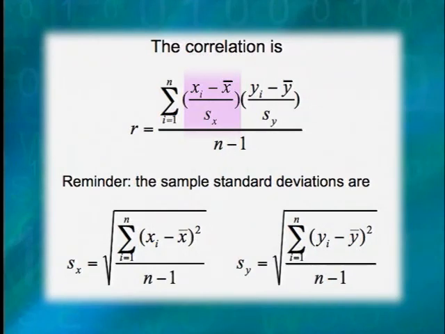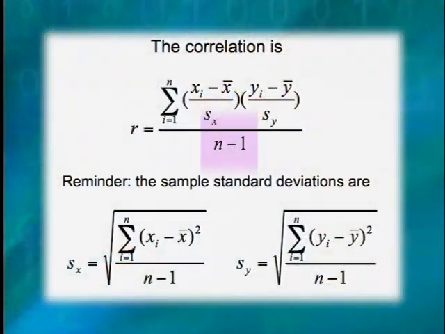Likewise, this second fraction is measuring exactly the same thing for the second component of this pair, the number of standard deviations above the mean for the vertical axis collection of data. We multiply these two things together, the z-scores from each, and add them up. Remember, this capital sigma just means add up all of the values that we get throughout all of the data.